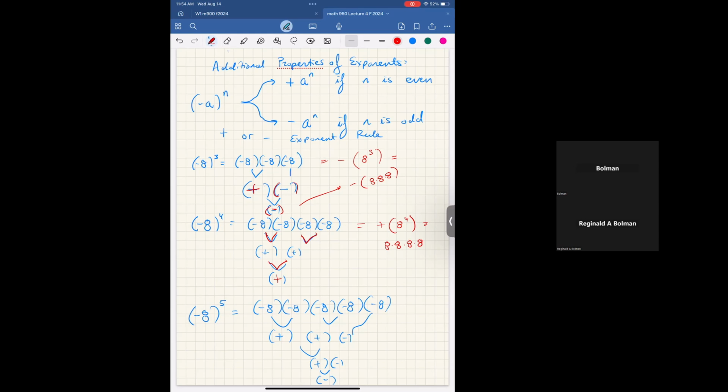In this third example, I have -8 raised to the fifth. And just to demonstrate one last time that this addition and subtraction exponent property is extremely useful: if you had just looked at this problem statement, you would have a -8 multiplied by itself 5 times. And the first two -8s would, of course, because you've got a negative and a negative, give you a positive. The second set of -8s would be a -8 times a negative, and that would again give you a positive.